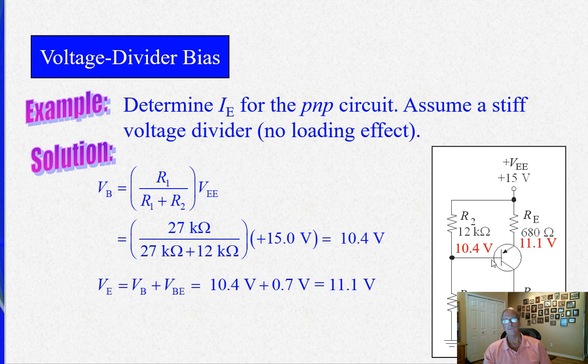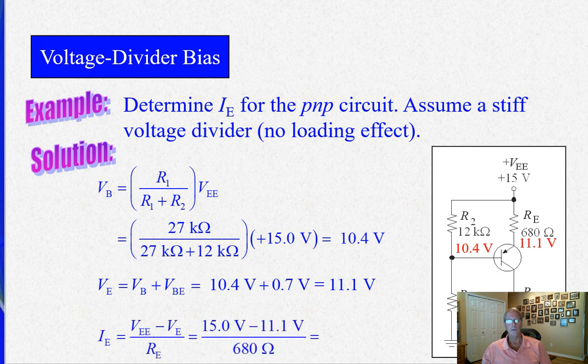You can't subtract it here because it's going the other way. Cathode is on the base side. So you get 11.1 volts on the emitter. And emitter current is 15 volts minus that emitter voltage, divided by 680, you get 5.74 milliamps.